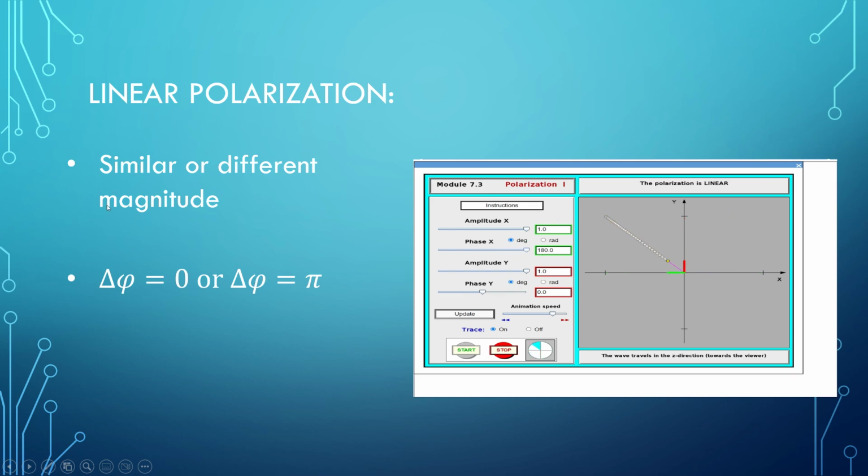When the phase difference is equal to 0, we call these two fields in phase, and when it is equal to pi, we call them out of phase, which can be seen here, as one is in the positive X direction and the other in the negative Y direction. While in the other case, when they are in phase, they both have the same sign, positive or negative.